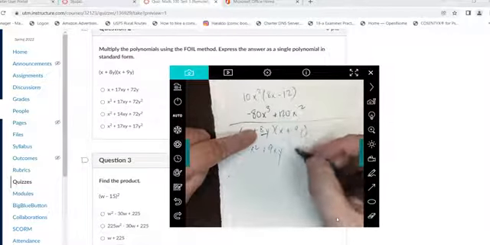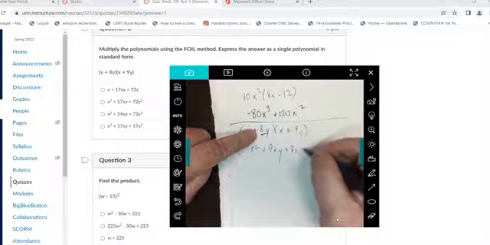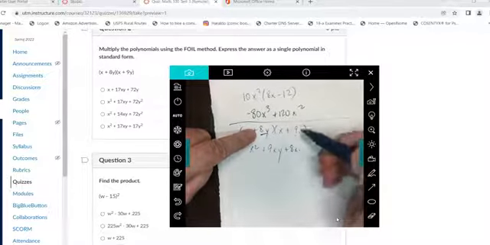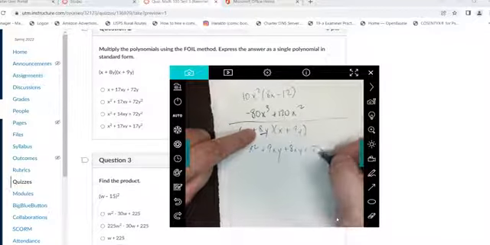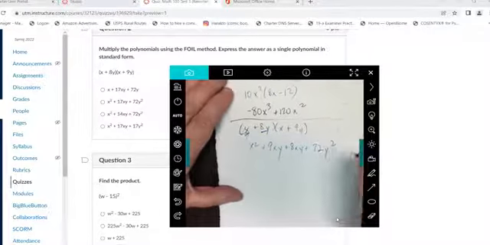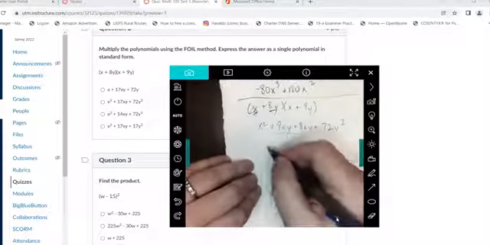Then 8y times x is 8xy. And 8y times 9y, well, 8 times 9 is 72, and y times y is y squared. And then we can combine those together.